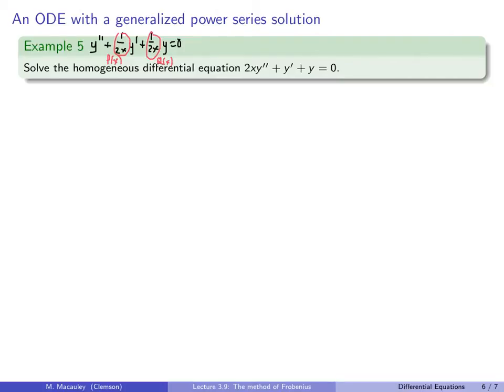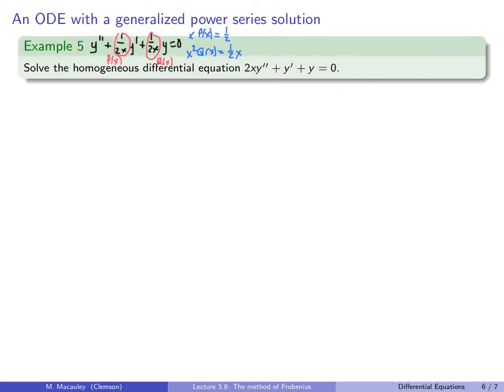So x equals 0 is a singular point because you plug in 0 and these are not defined. However, it's going to be a regular singular point because x p of x equals 1/2 and x squared q of x equals x/2. Both of these things are analytic at 0. They're both defined at 0.